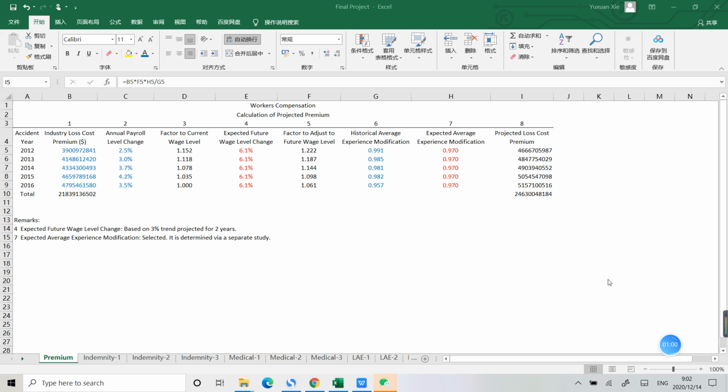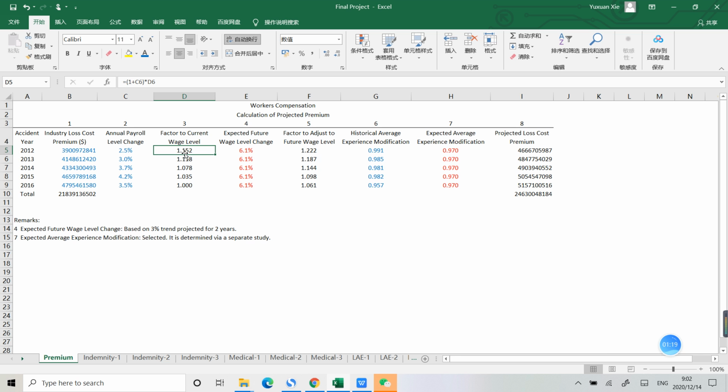So it is equal to 1 plus the annual payroll level change, multiplied by the next year's factor to current wage level.